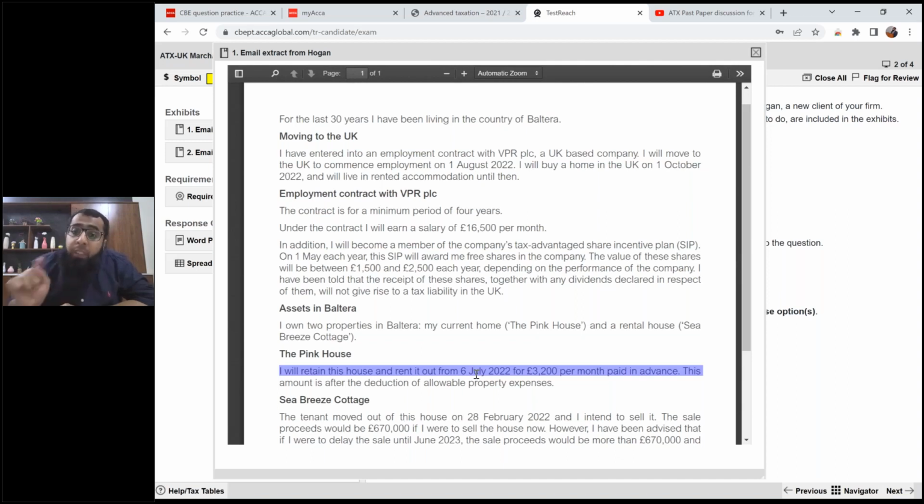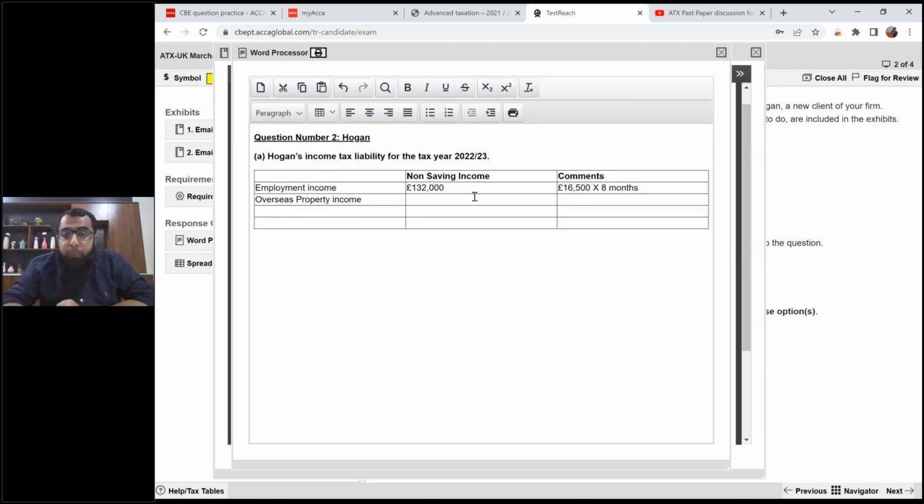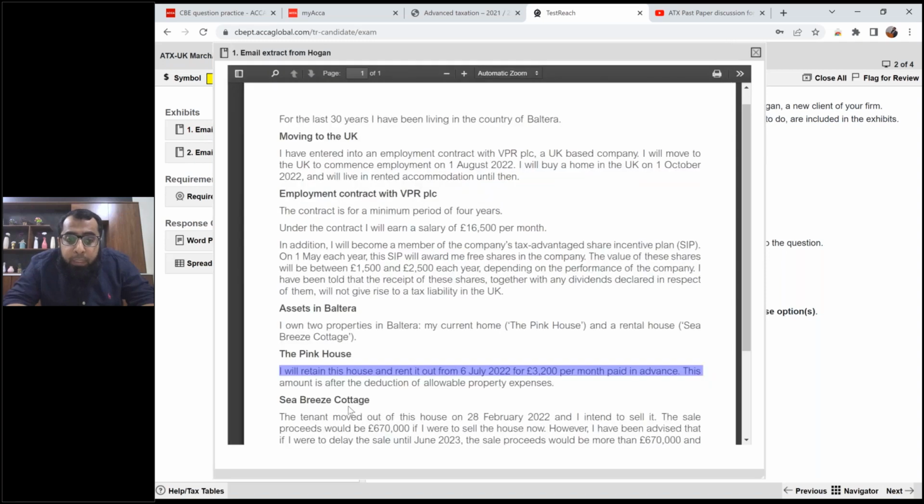I will take it from the date we became resident, so we will take it for 8 months only. £3,200 multiplied by 8 months. Can anyone tell me? 25,600. Two students have said different numbers, so let me confirm it. Yes, it's 25,600.